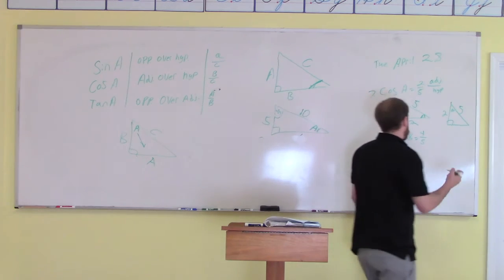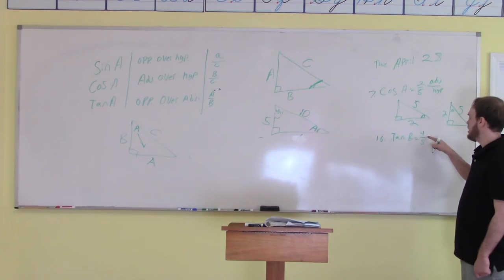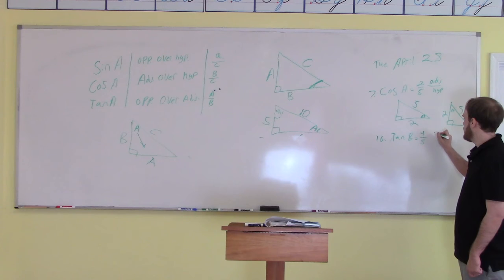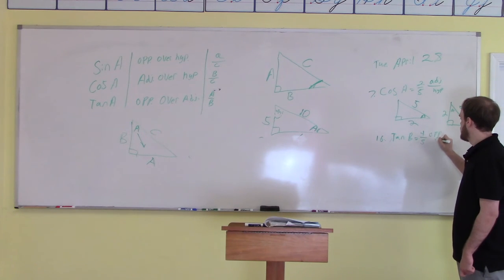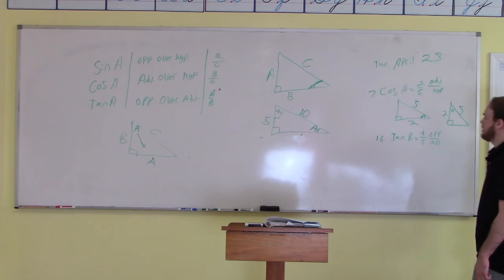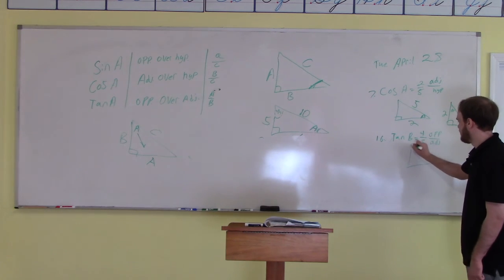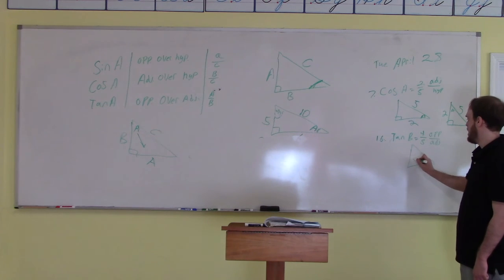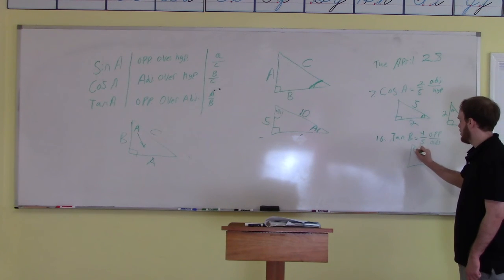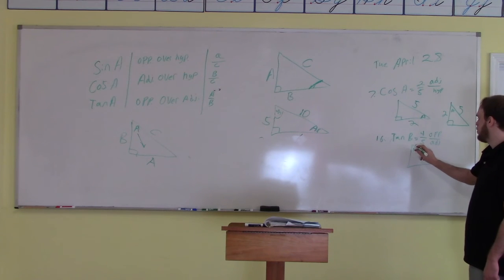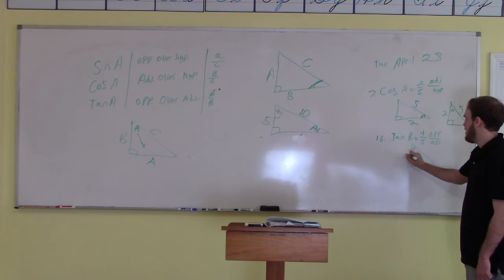And so they give us tangent of B would be opposite over adjacent. So that would be what tangent of B represents. So when I'm doing my triangle, just thinking about it, if I do B here, then I would have the 4 would be opposite, the 5 would be there.